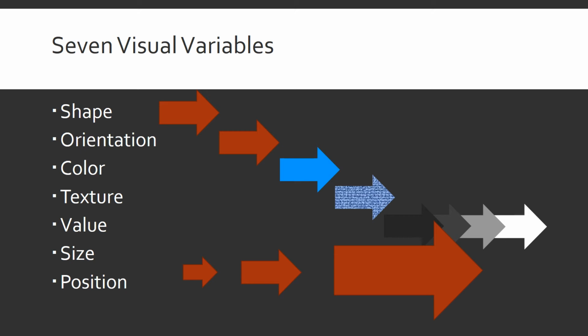So manipulating these variables helps us to achieve the design that we want in our document, a design that will be effective and easy for our readers, users, to use to gain information or figure out how to do something.